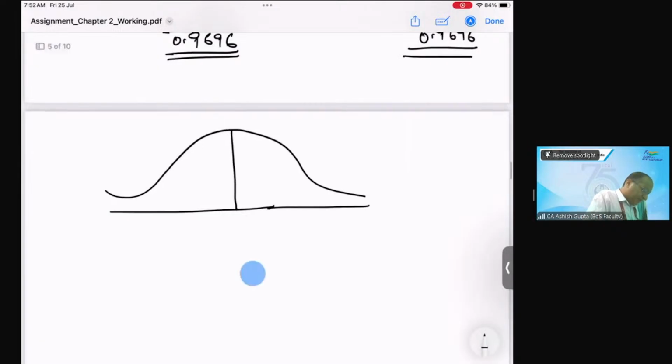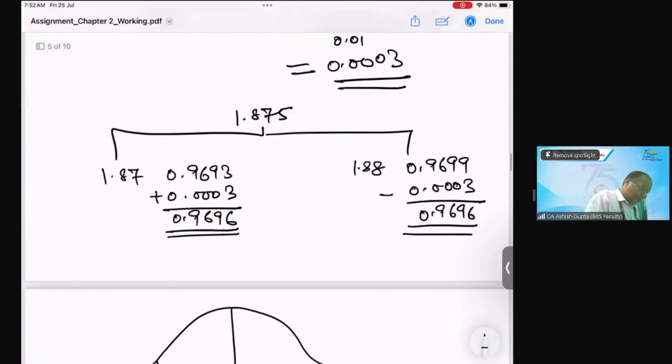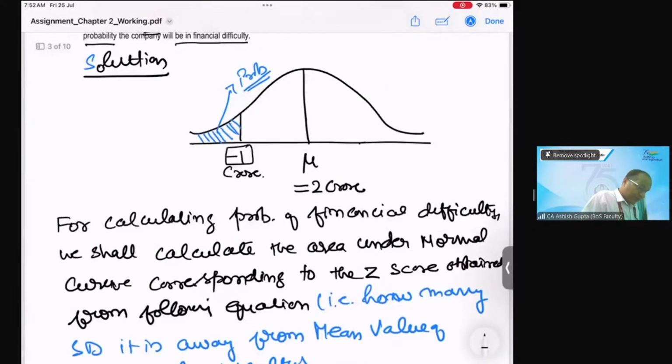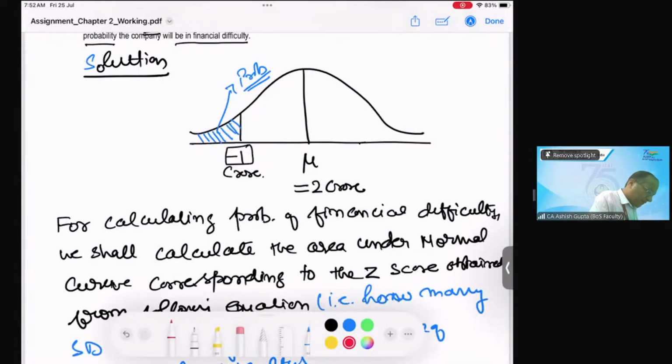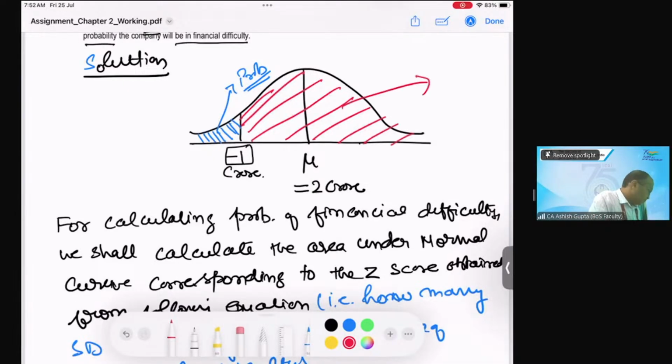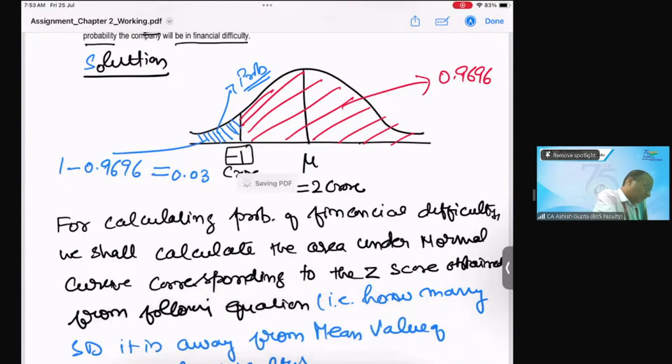If I draw the diagram here, I'm using the red color, this area under the normal curve is 0.9696. Now, the remaining area will be 1 minus 0.9696, which comes to about 0.03. Let me check: 1 minus 0.9696 comes to 0.0304.